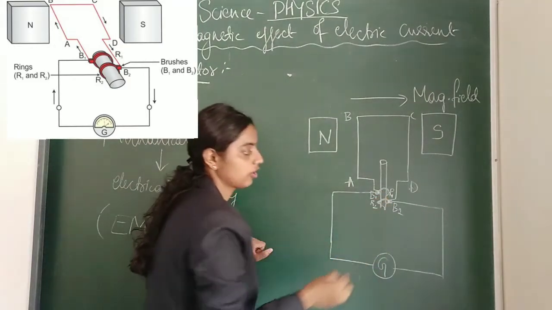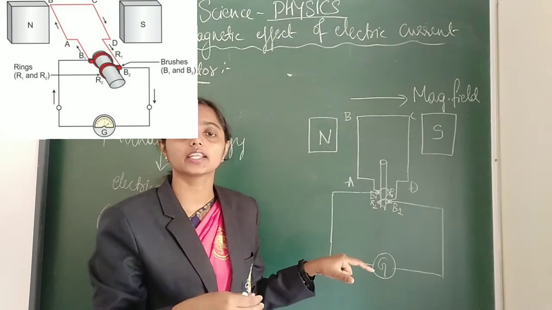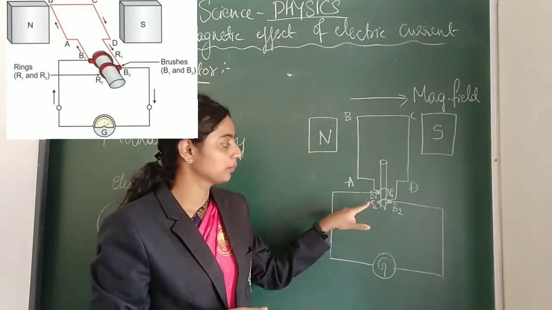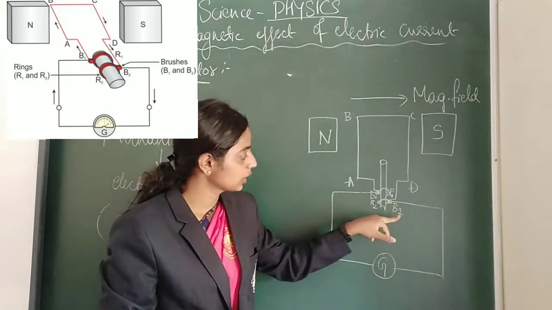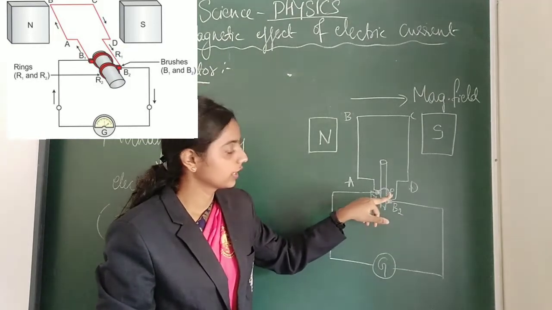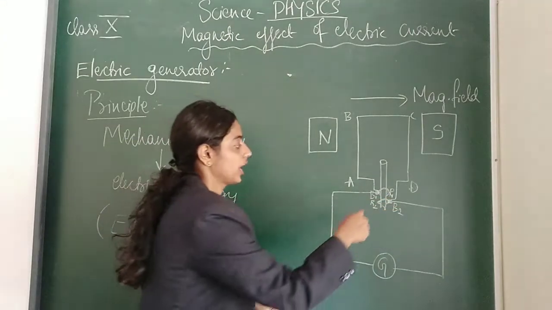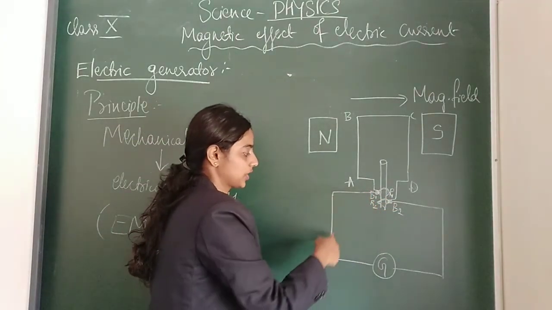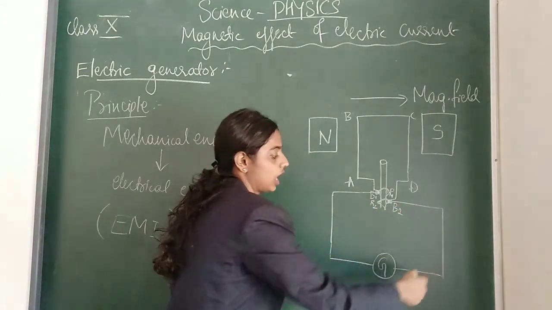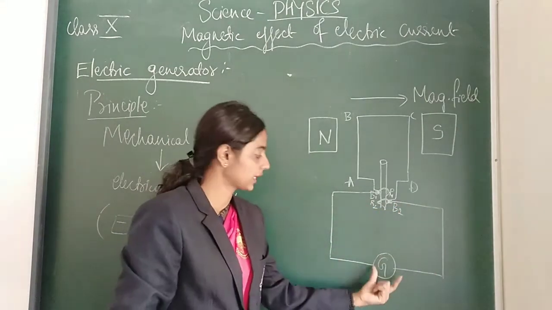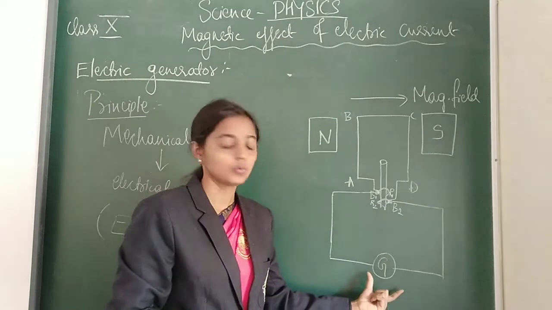From the outside, the rings are connected to stationary brushes. Stationary brushes B1 and B2 complete the circuit by connecting with a galvanometer.